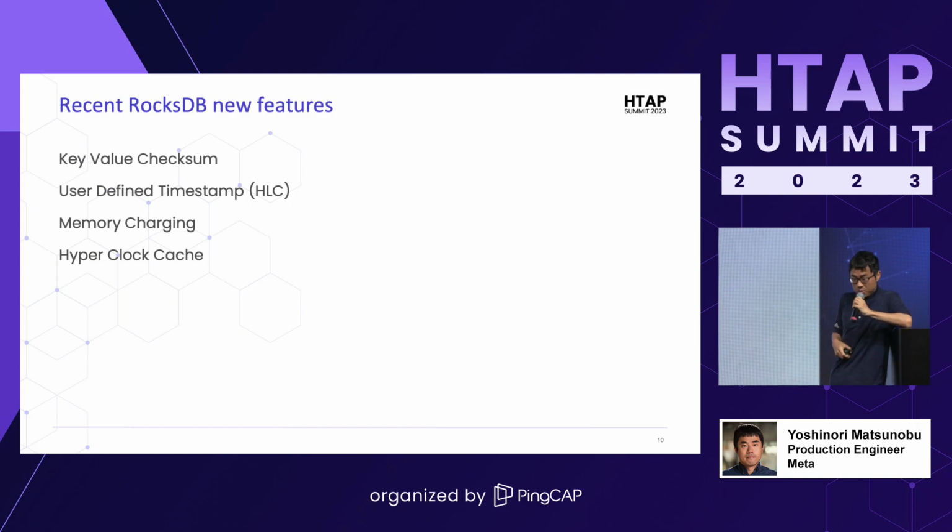So there are a lot of recent RocksDB features for stabilizing OLTP workloads. Key-value checksums detect corruption and failures instead of silently corrupting data. User-defined timestamp is a recent implementation in RocksDB, which is a pretty good building block for distributed, consistent transactions. Memory charging provides more stable memory usage.